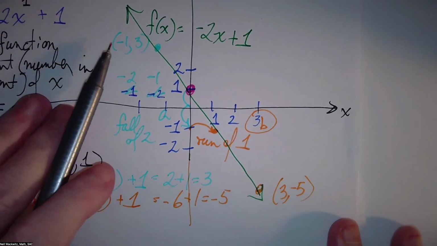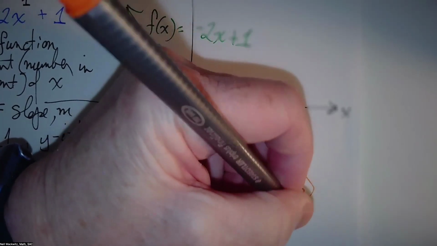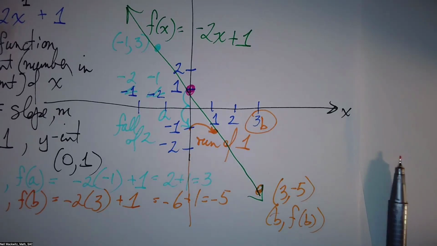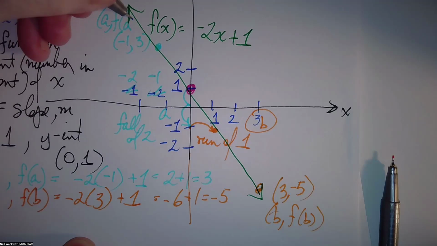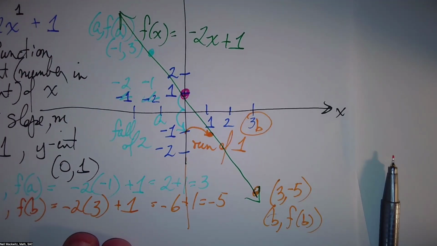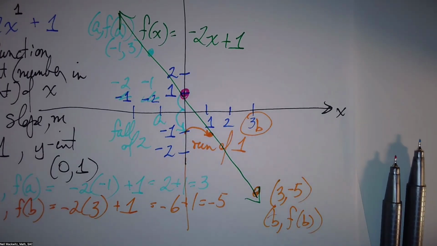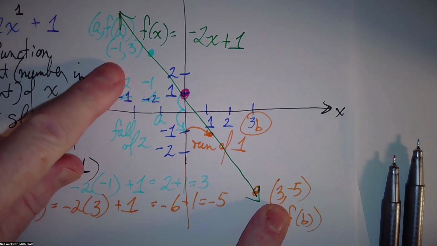So this is b, f of b, and the point in the light blue is a, f of a. Groovy. So we need to find the slope of the line that joins these 2 points.